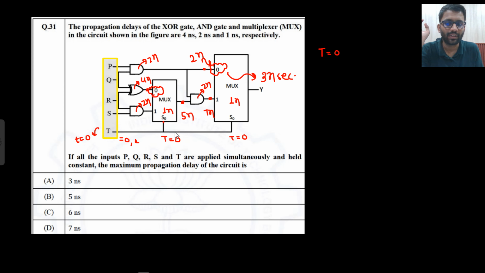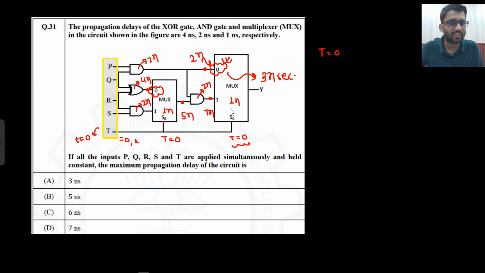First put t equals 0. Then I need to look at this final MUX. So always look at the final MUX. What this final MUX is saying is that if t is equal to 0, I need to look at this, and this input is stable after 2 nanosecond. So after 2 nanosecond this MUX has the capability of giving the output.